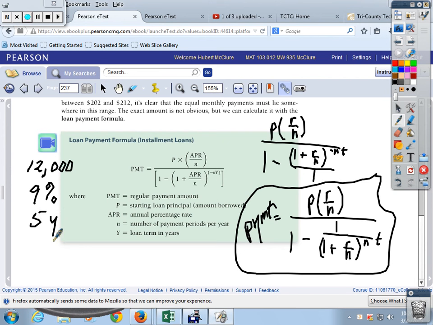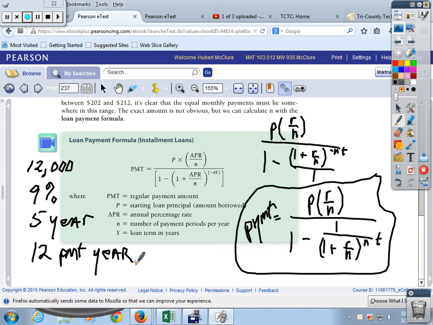And of course, you make monthly payments, 12 payments a year. But we have to figure out what the payment is going to be. Take these values and plug them into either this formula or this one.